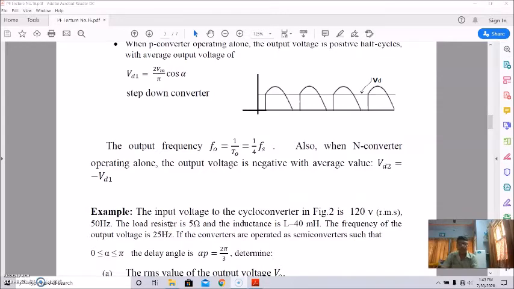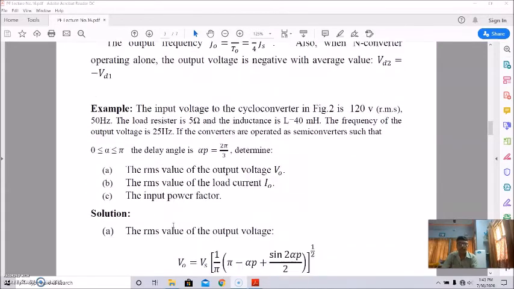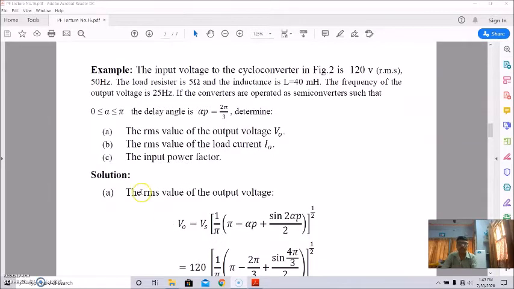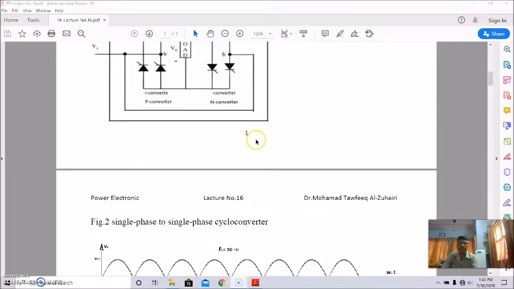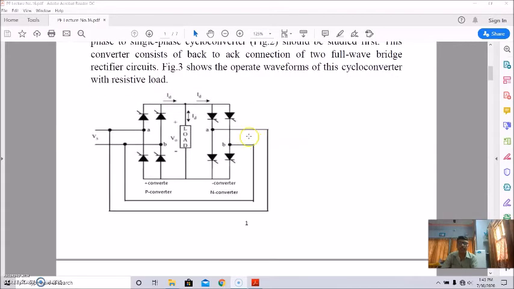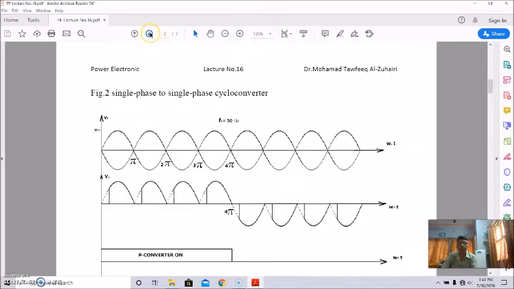Now we'll work out an example. This is the input voltage to the cycloconverter of the figure like this.